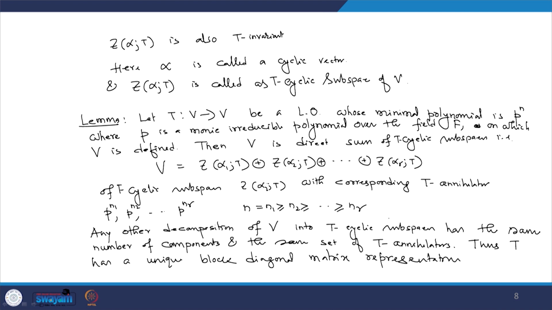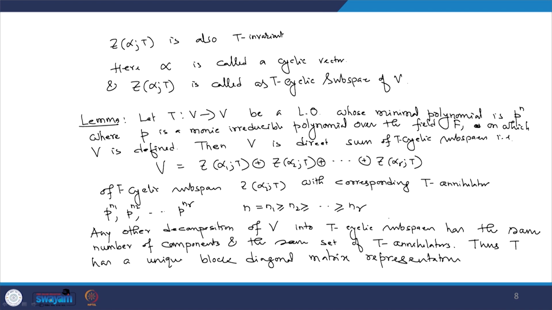So one can have a direct sum decomposition of the space V, where the subspaces are T cyclic subspaces, which are of course T invariant, and the T annihilators, I mean the least degree monic polynomials of the corresponding cyclic subspaces, are p to the power n 1, p to the power n 2 and p to the power n r.